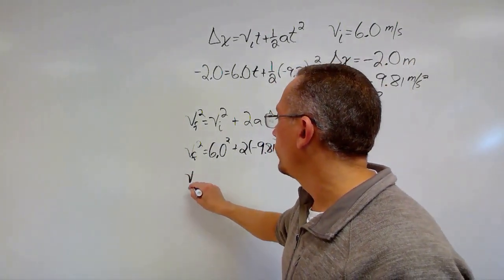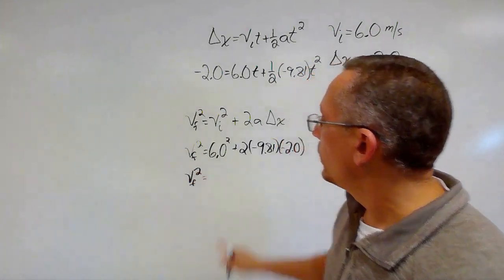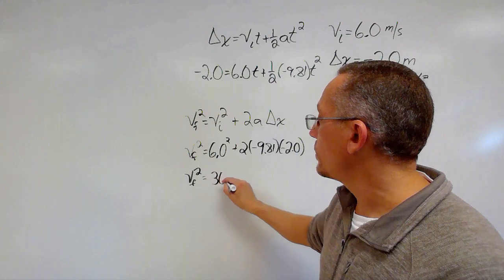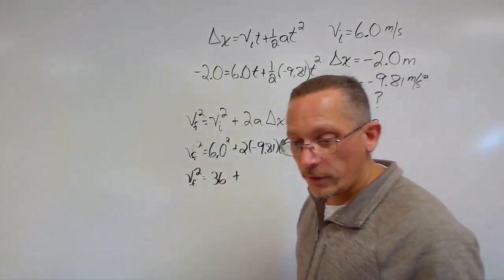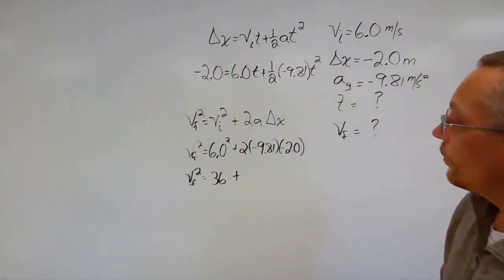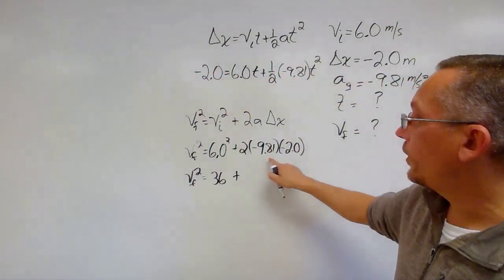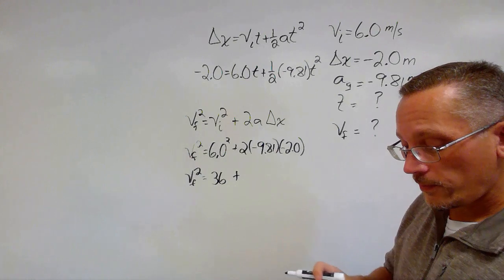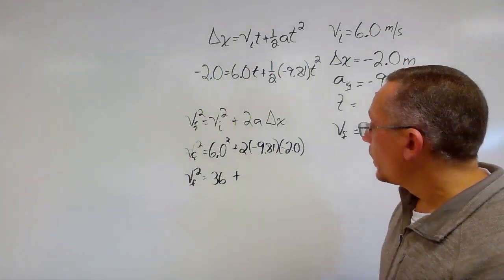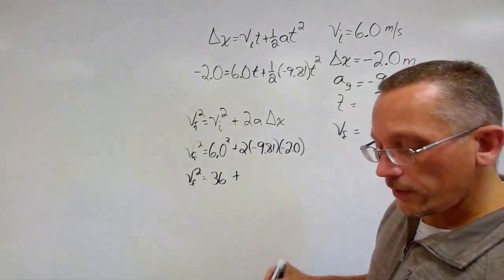So VF squared, let's see, 6.0 squared is 36. And then I'm going to grab my calculator, and I'm going to work out 2 times negative 9.81 times negative 2. Let's see, and that'll come out positive.